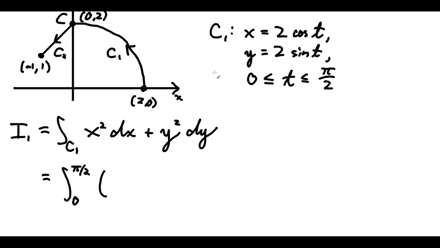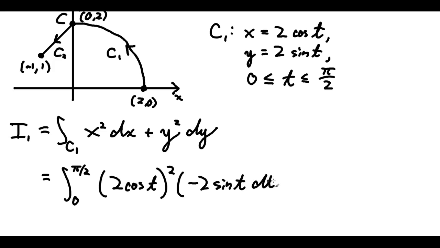We have x. What is x? x is 2 cosine t, squared. x squared dx. What is dx? Well, if x is 2 cosine t, then dx is the derivative of that dt. Derivative of cosine is negative sine. So we have negative 2 sine t dt.